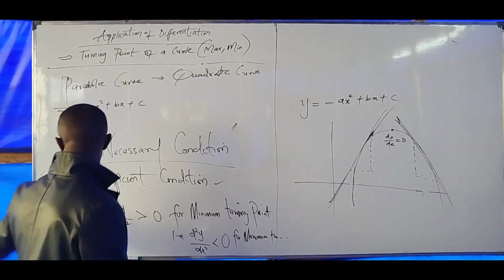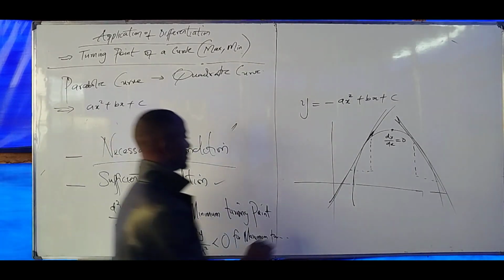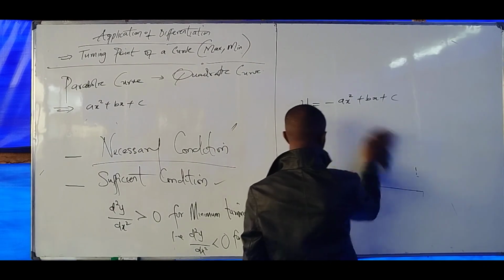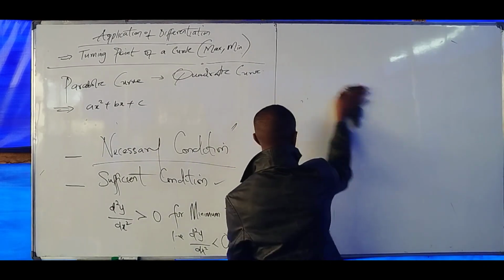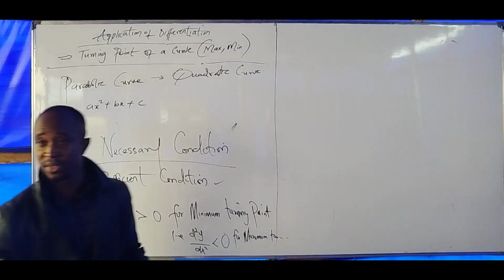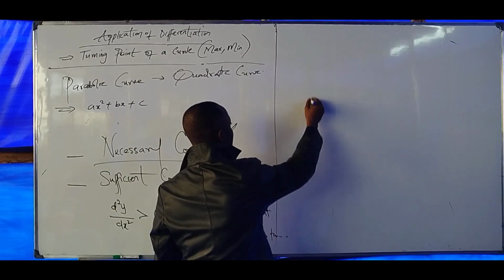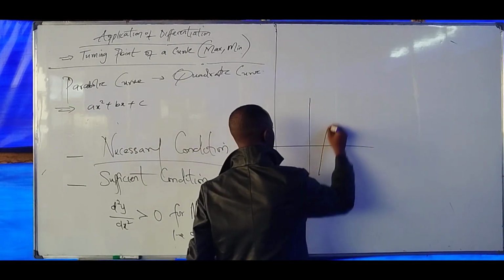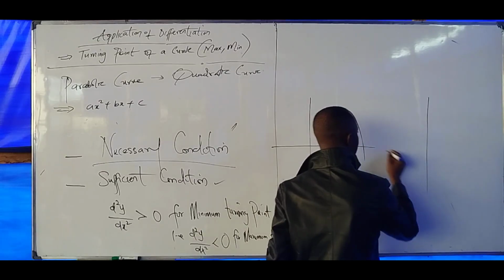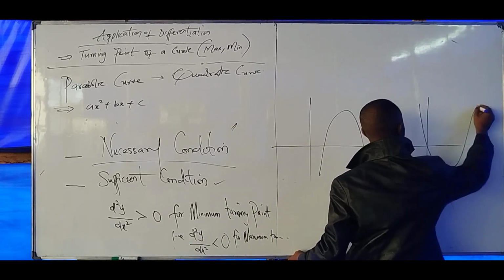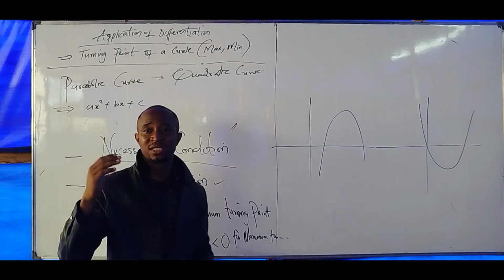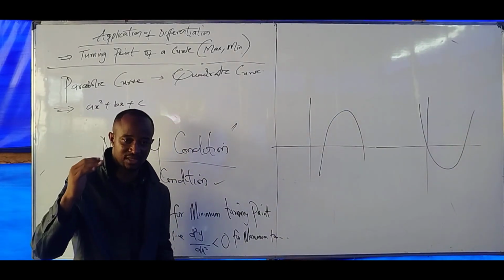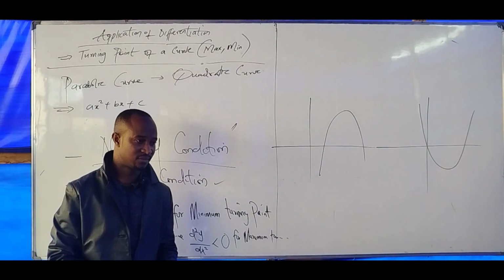Let me explain what we mean by maximum and minimum in a curve. Listen, please. Look at it. If I have a function like this, maximum simply means the highest point that the curve will ever get to.